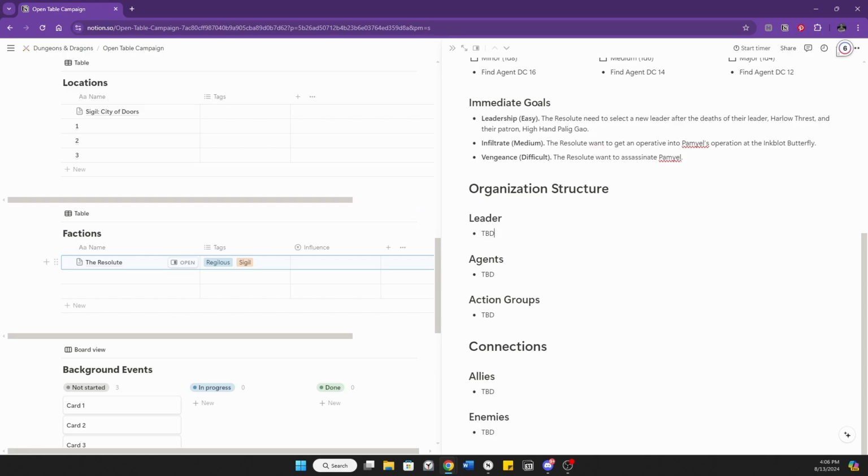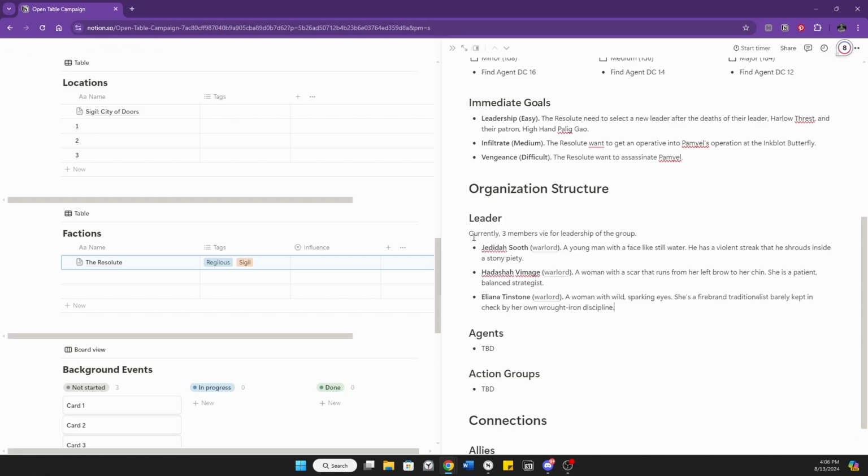In this case, since I am in a unique circumstance where the Resolute are currently without leadership, I created 3 potentials for the players to encounter as they adventure, should they choose to engage with the Resolute at all.